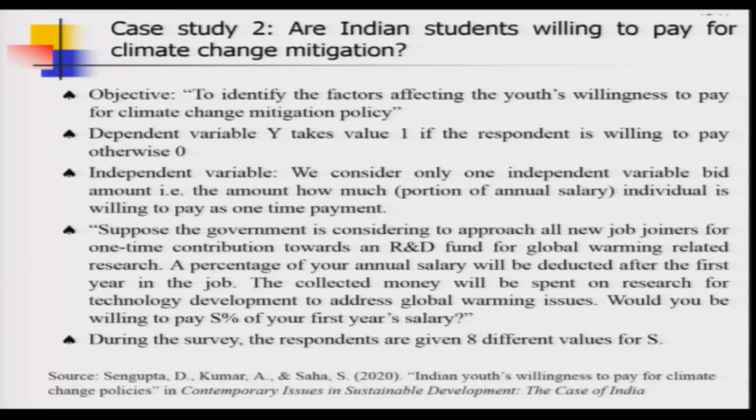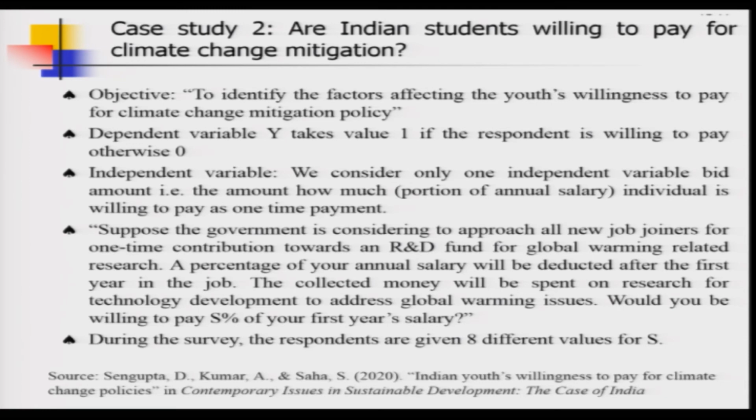The chapter wanted to address this question by conducting a survey amongst students of various engineering colleges in the Kanpur region, and the dependent variable y takes a value 1 if the respondent is willing to pay and 0 otherwise. Now, what are the independent variables?